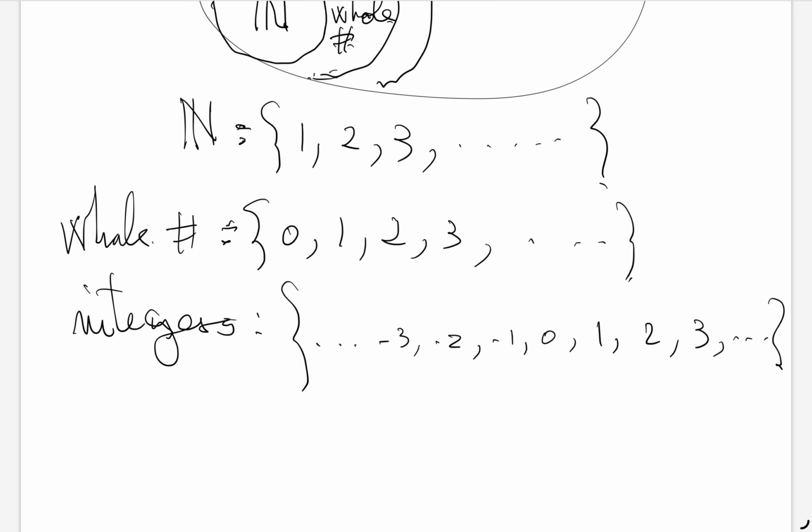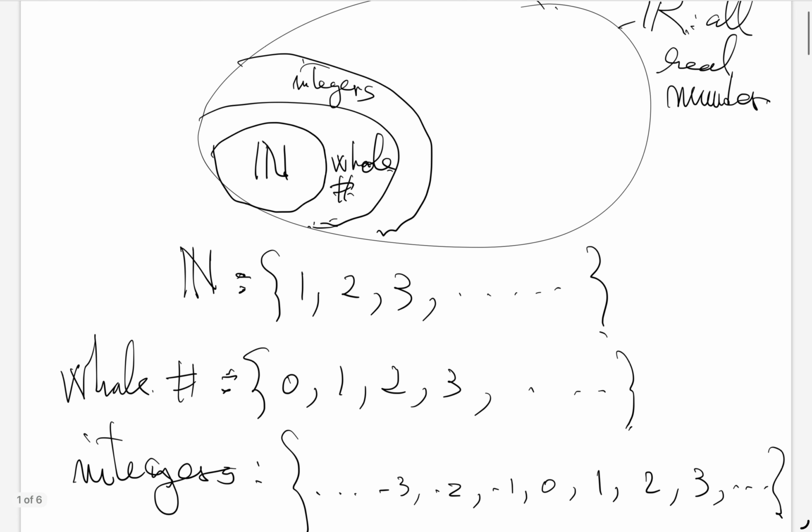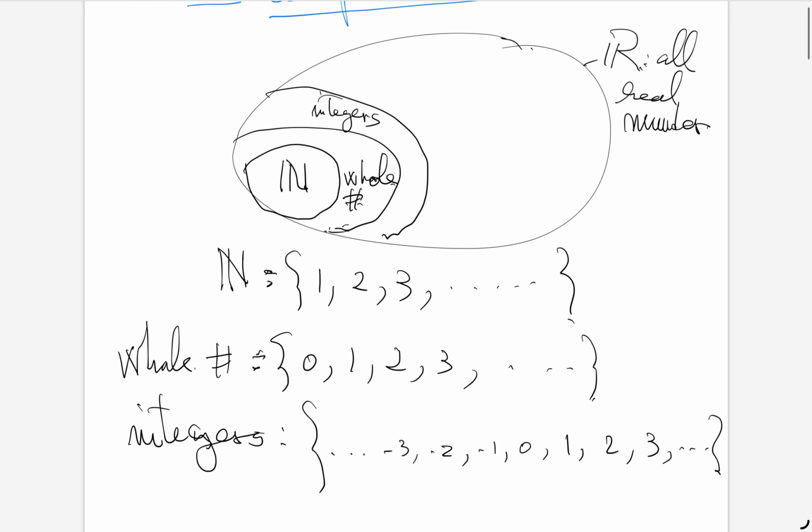This is called integers. Integers can be positive and negative. And remember, the natural numbers can be only strictly positive. But the whole numbers can be positive, and why? Because of the 0. You cannot say strict. You see the difference between the terms? And so on, and keep going.